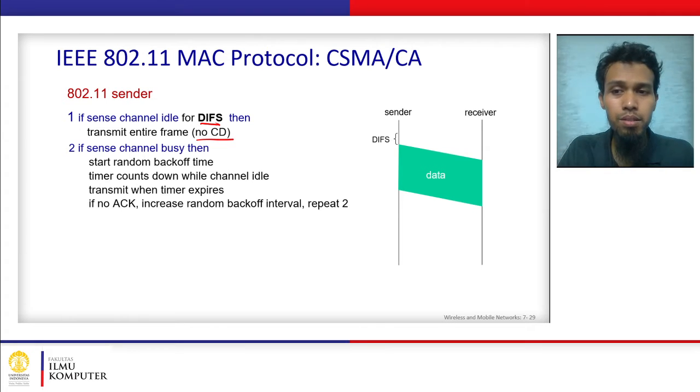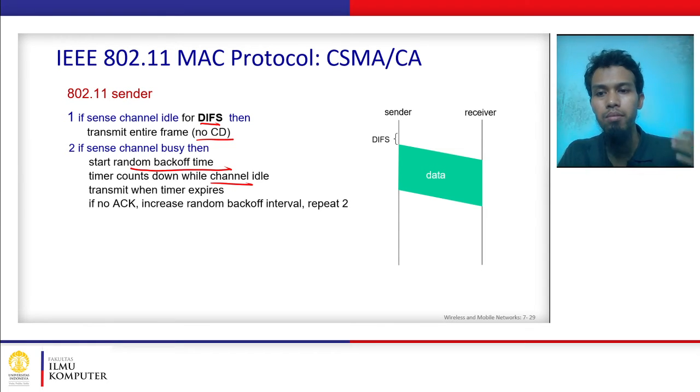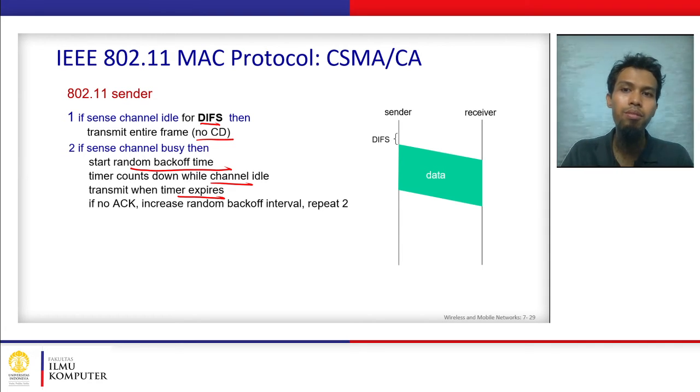If the sensed channel is busy, then start a random backoff time. Again, this is the same as normal CSMA. The timer counts down while the channel is idle, and when the timer expires, we start to transmit.